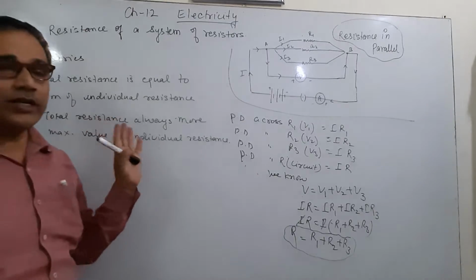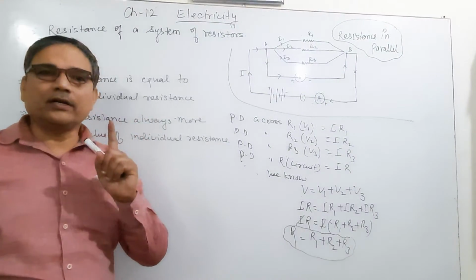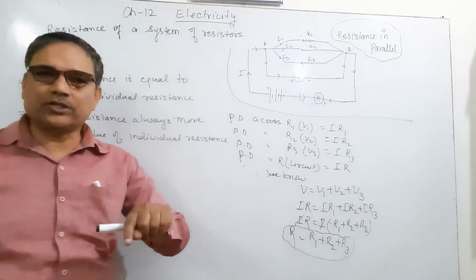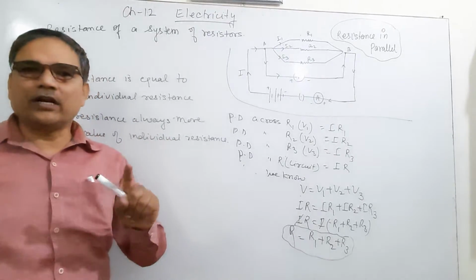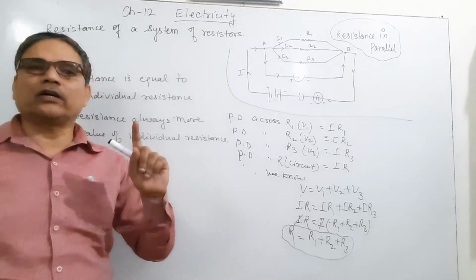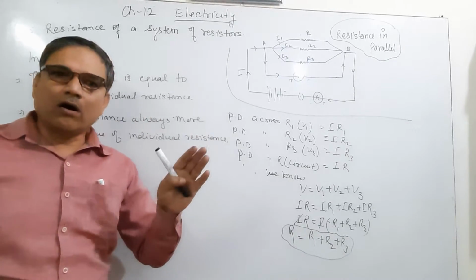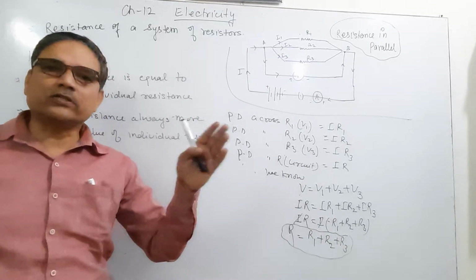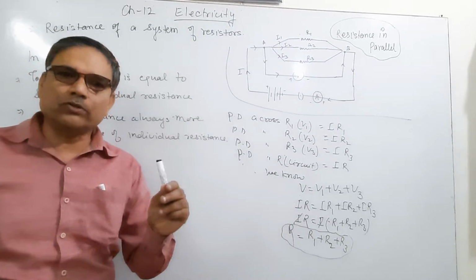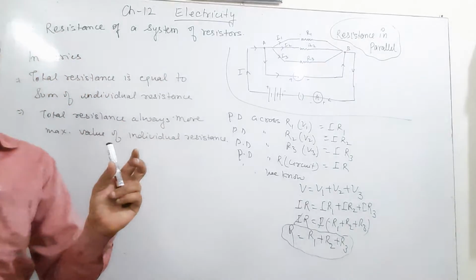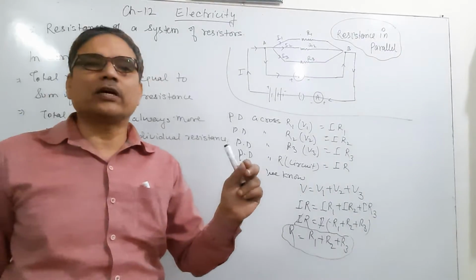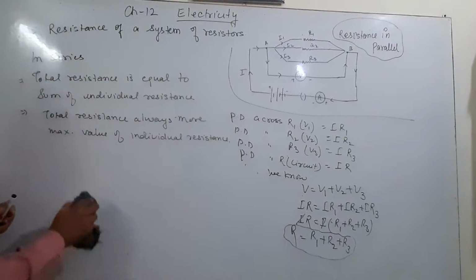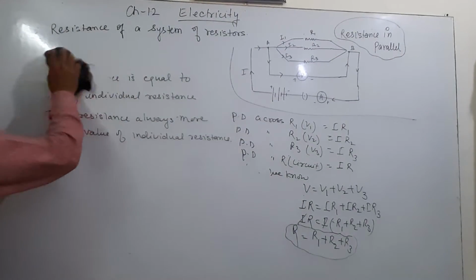I repeat, in series the current in the circuit is the same as the current in each individual resistance, and the potential difference is different for the different resistances, and the total potential difference across the resistances is equal to the sum of the potential differences across the individual resistances. Is it clear? Now move to connected in parallel.